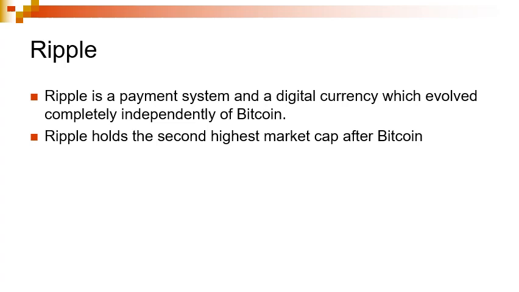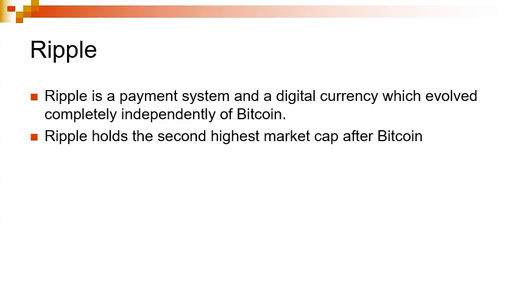Ripple is a payment system and a digital currency which evolved completely independent of Bitcoin. So Ripple is a payment system. It is a digital currency which has developed independently, and Ripple holds the second highest market cap after Bitcoin.